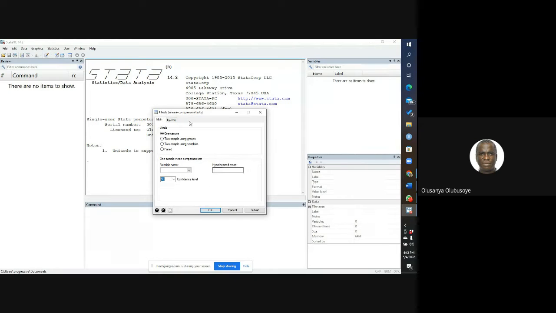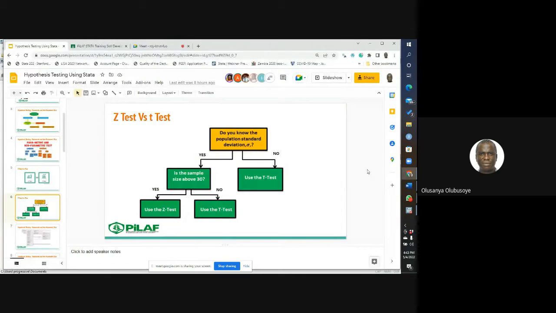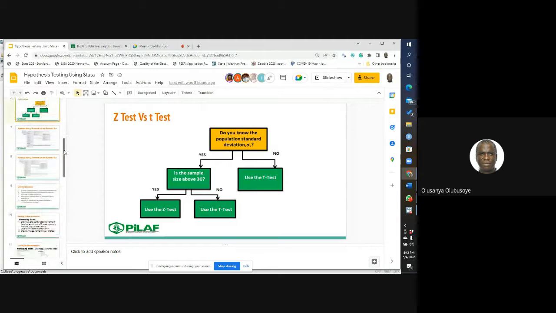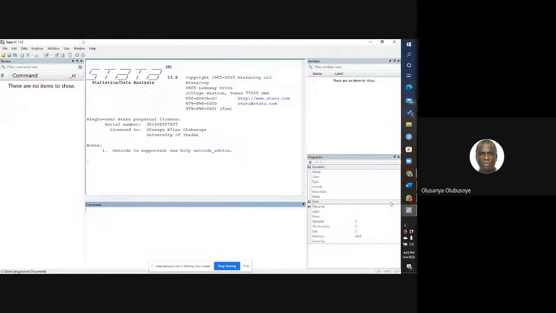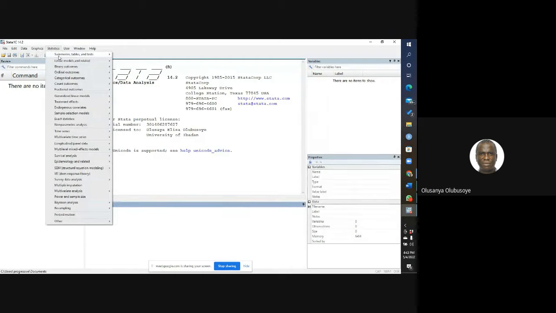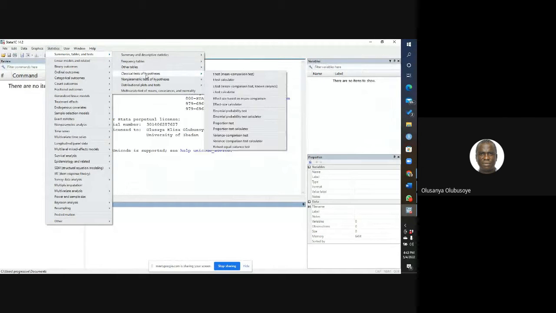But before we start looking at this, I will take you back to the slide. A few more things to know about this. In that statistics, you go to summary, you go to classical test.